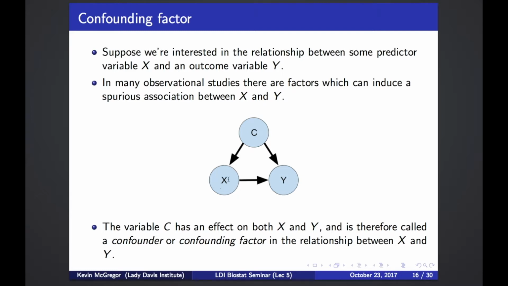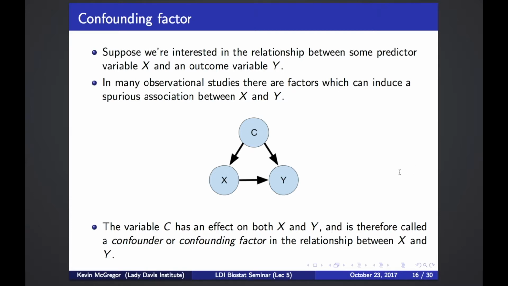We're looking at the effect of x on the variable y, which I represent by this arrow. And we have an additional variable, which we call c, which affects both x and y. This variable c is called a confounding factor.